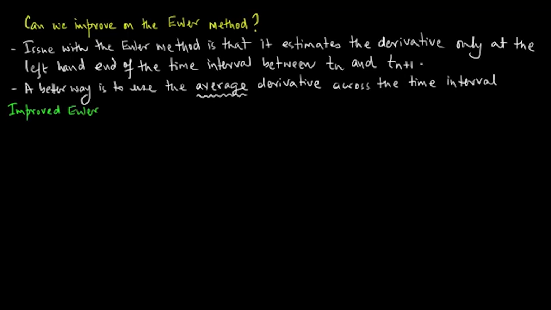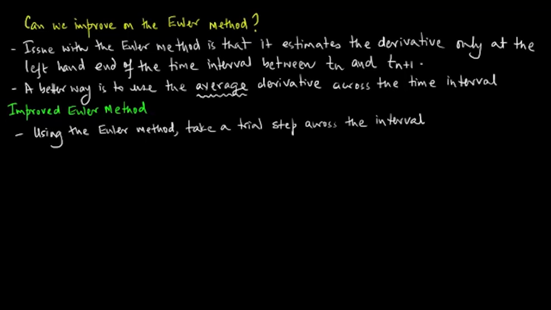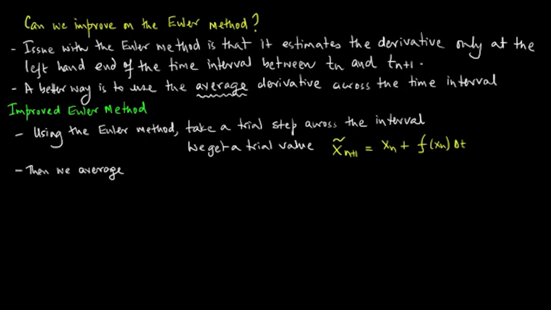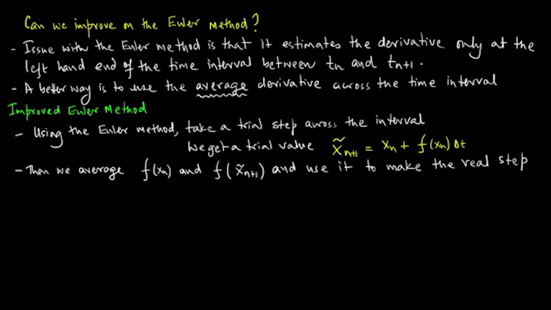So here's the improved Euler method. Using the Euler method, take a trial step across the interval and we'll get a trial value x tilde n plus 1 is equal to xn plus f of xn times delta t. Then we average f of xn and f of x tilde n plus 1 and use it to make the real step across the interval.